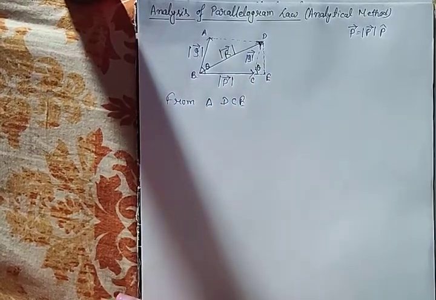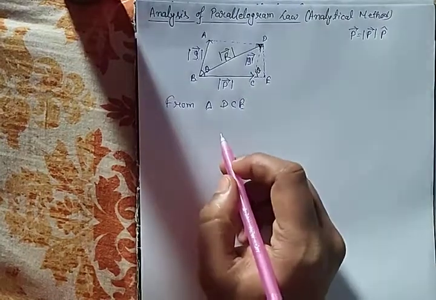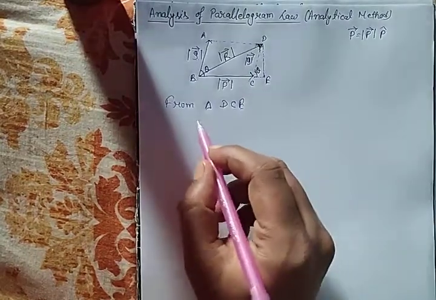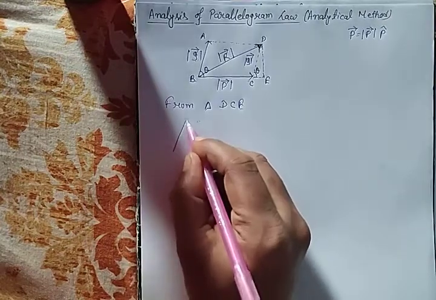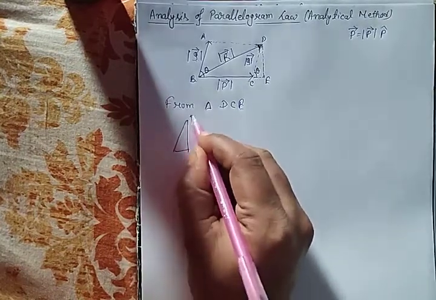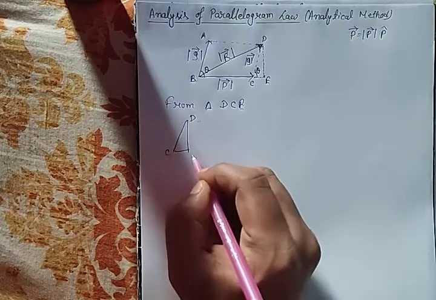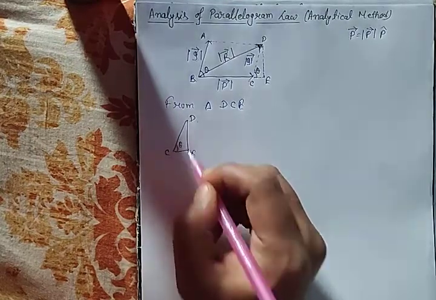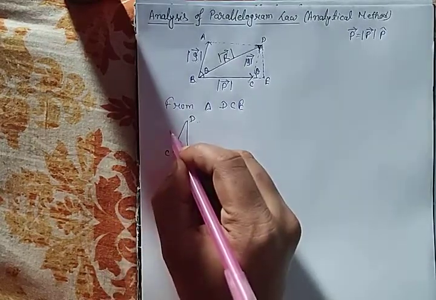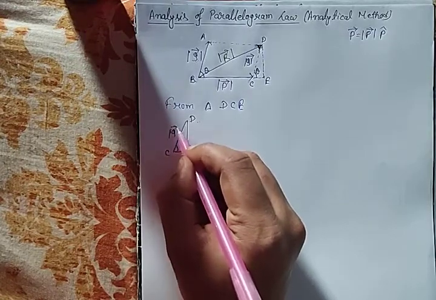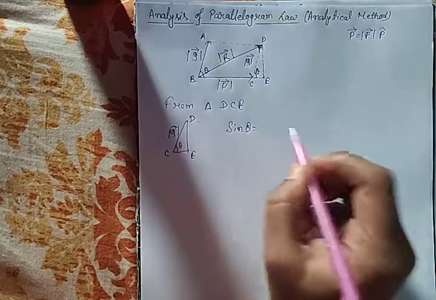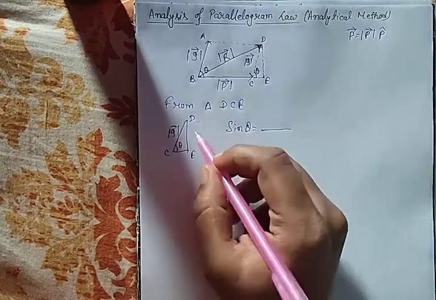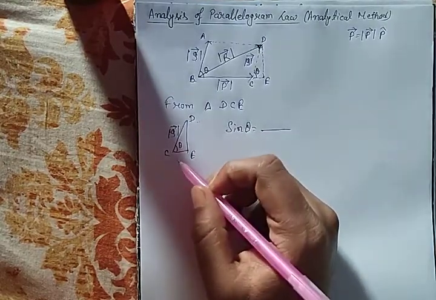Okay. Now from triangle DCE, let me draw this triangle DCE. This is D, this C, and this E. This angle is theta, and the value of this arm is mod of Q. Can you say what is the value of sin theta? Sin theta is equal to perpendicular by hypotenuse.